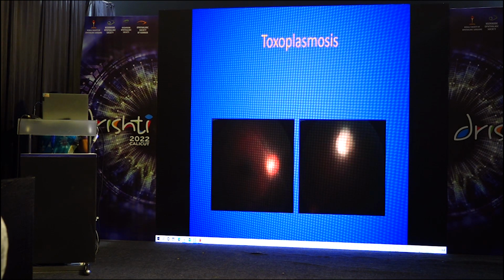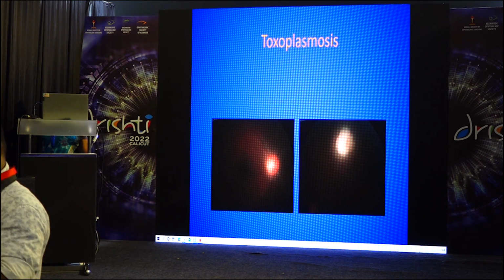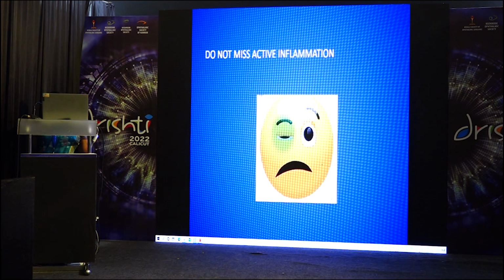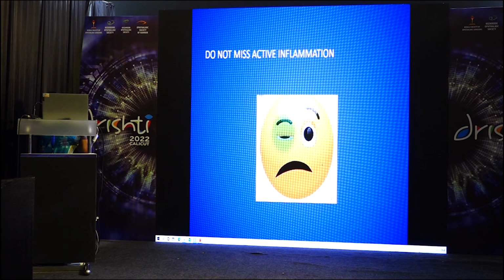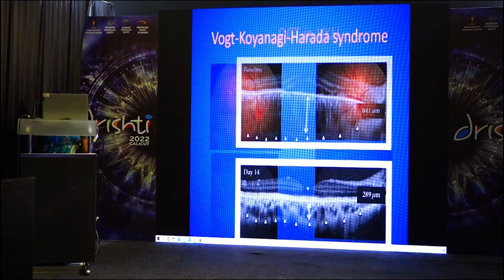As mentioned earlier, peripheral fundus examination is very important so that we won't miss an underlying infectious etiology. And do not miss an active inflammation. Here comes the role of ancillary investigations like FFA in VKH.